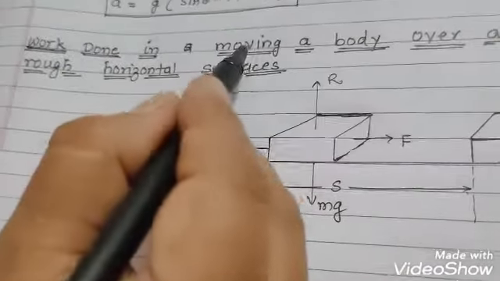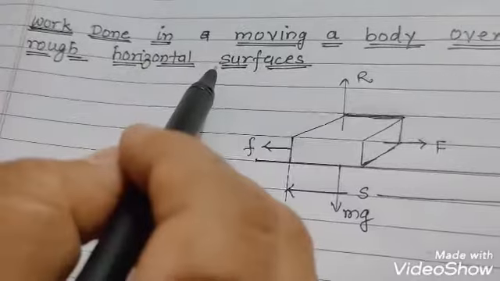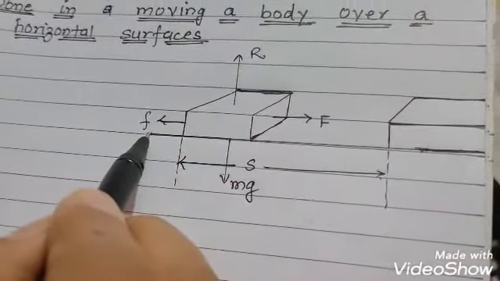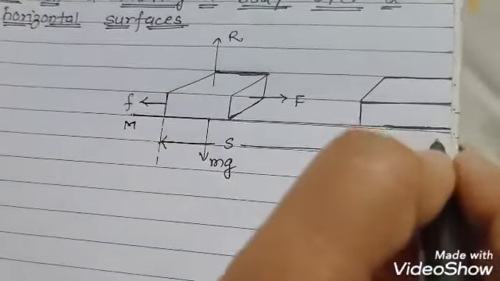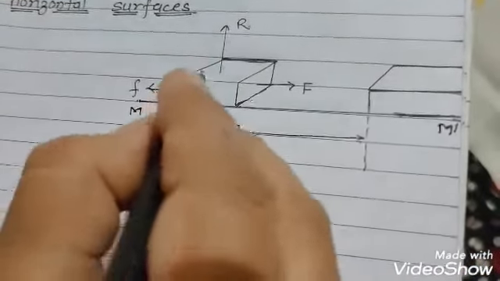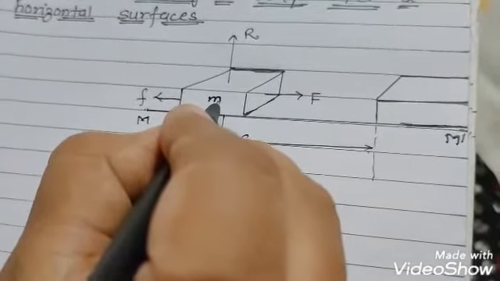Work done in moving a body over a rough horizontal surface. You will see this is the rough horizontal surface. Consider this M dash. A block of mass small m is kept here.